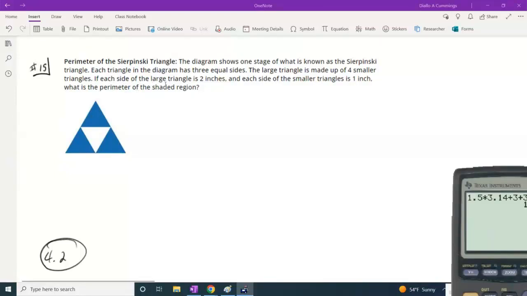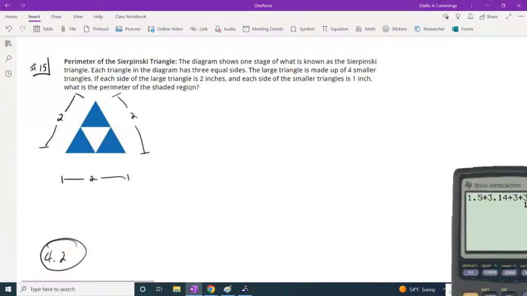If each side of the large triangle is 2 inches, right? So that would mean that this would be 2 inches, this is 2 inches, and this is 2 inches. And each side of the smaller triangle is 1 inch.